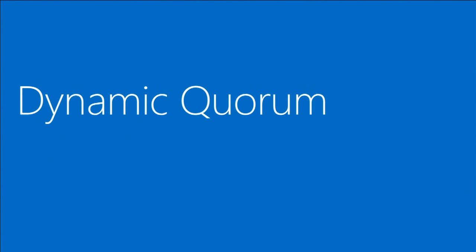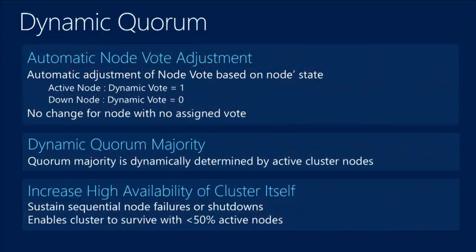So let's talk about dynamic quorum. I talked about node vote weights, where the user has to manually configure a node's vote to be 0 or 1. In the case of dynamic quorum, the cluster automatically toggles nodes' votes for you, but it uses a different algorithm.